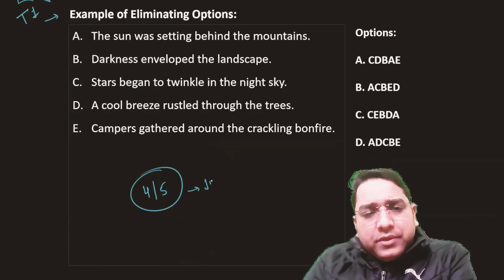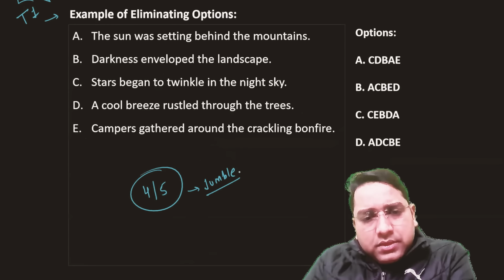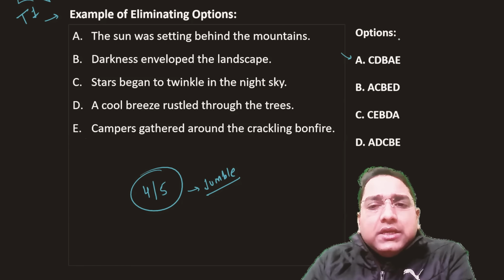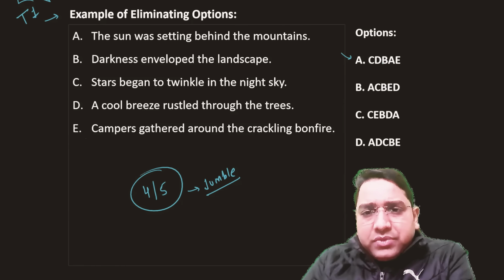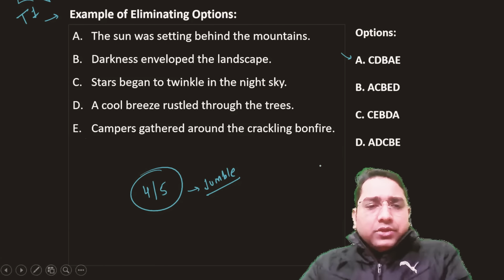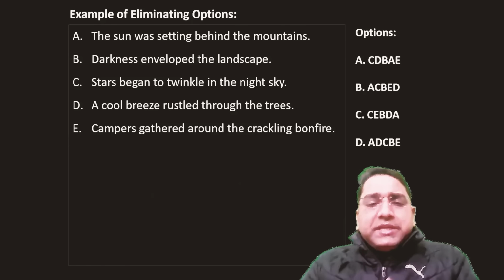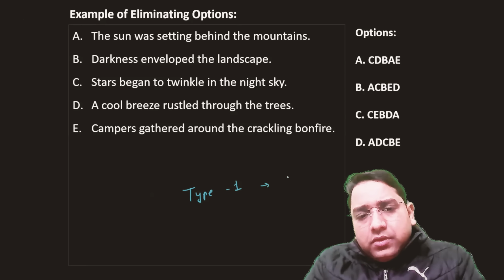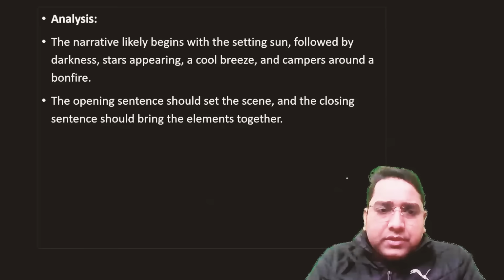These are jumbled and you are required to rearrange them. You have to find out the correct sequence, whether it is A, C, D, B, or E. You don't have to solve it now. I'm just telling you the type. So type 1 can have 4 or 5 lines. Clear?